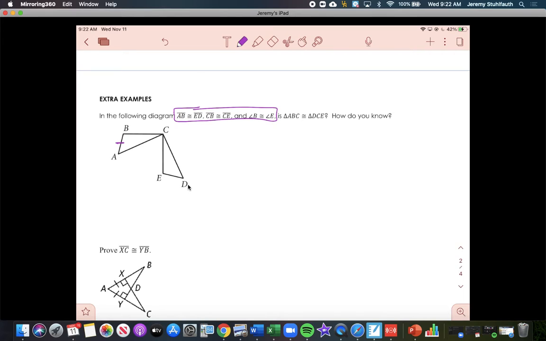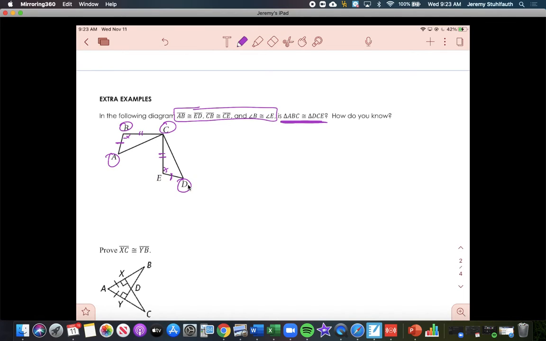So AB is congruent to ED, CB is congruent to CE, and angle B is congruent to angle E. All right, so our question is, is triangle ABC congruent to triangle DCE?